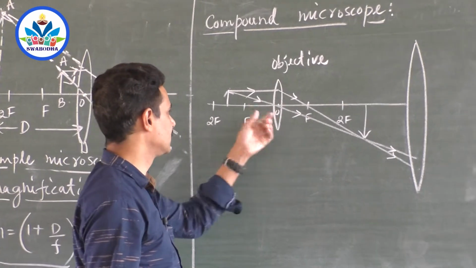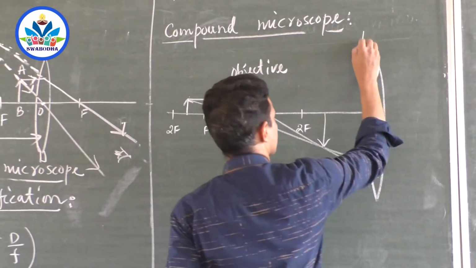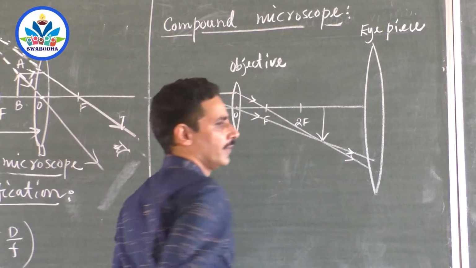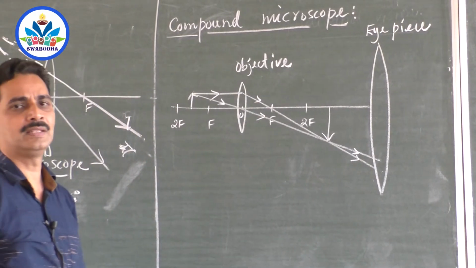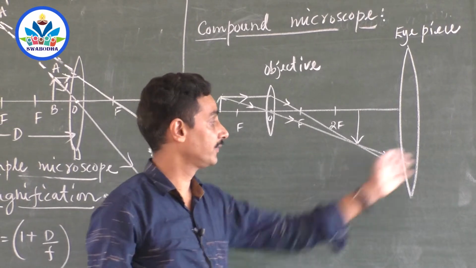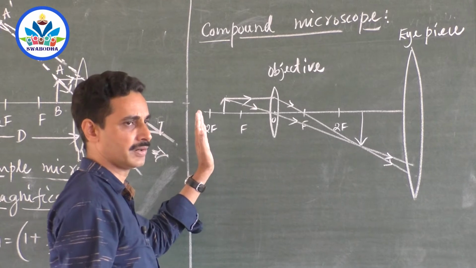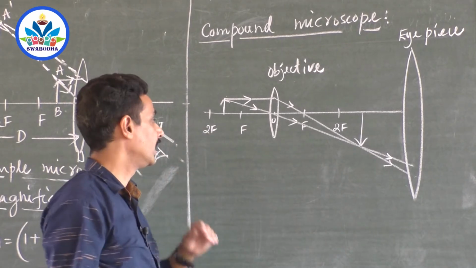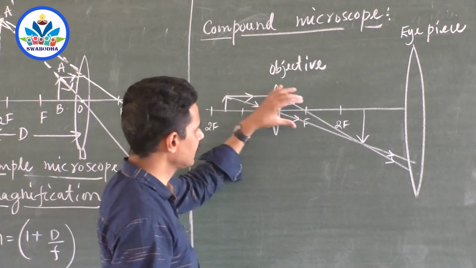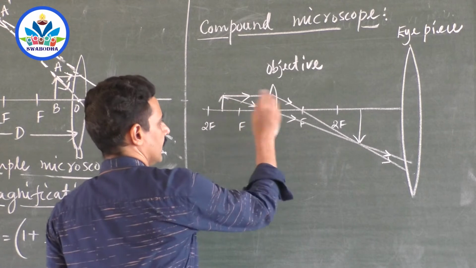Objective is a lens which receives rays of light from the object. I call this the eyepiece. What is eyepiece? Eyepiece is the lens through which we finally see the image. Finally refracted rays go out. And the objective is the lens which is kept in front of the object and it receives the incident rays. So these rays form an enlarged image here.